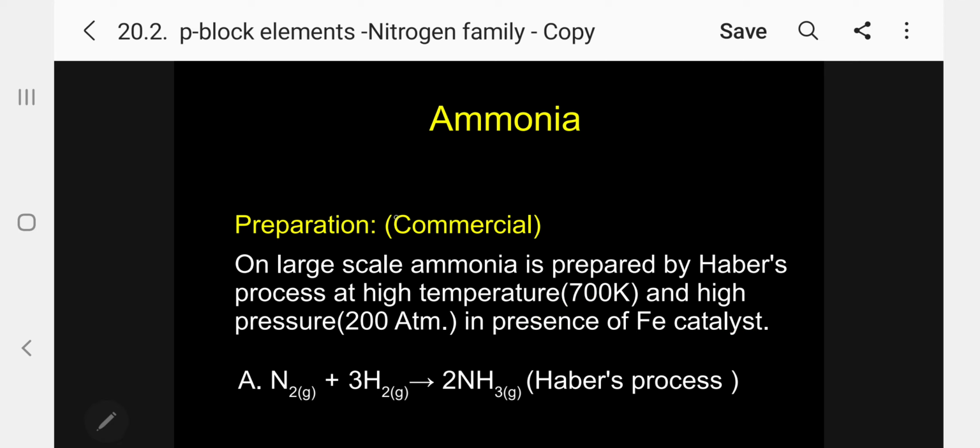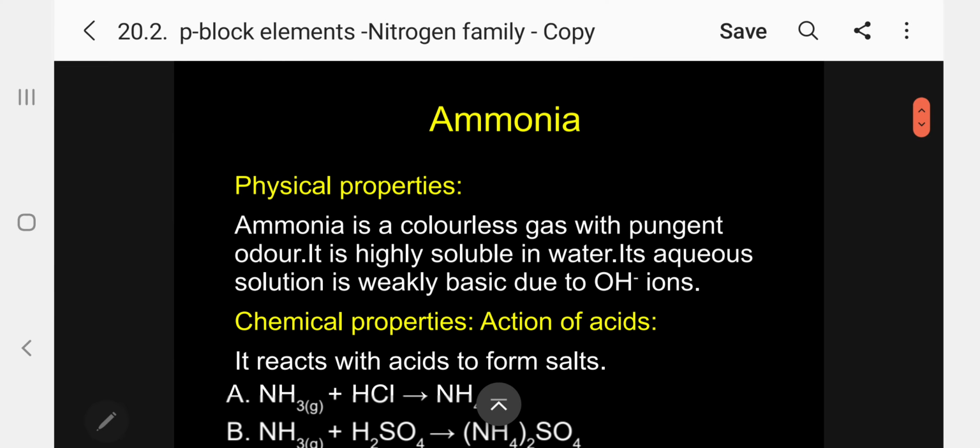Kindly follow. Coming to properties as usual, first we will discuss physical properties, then chemical. Under the physical properties, ammonia is a colorless gas with a pungent odor. Easily we can recognize. It is highly soluble in water in the form of ammonium hydroxide, available in all laboratories.